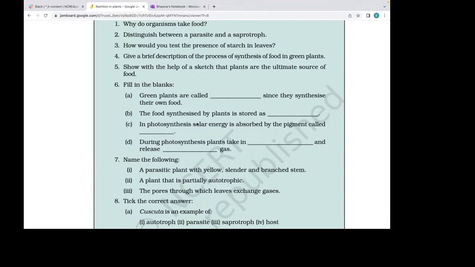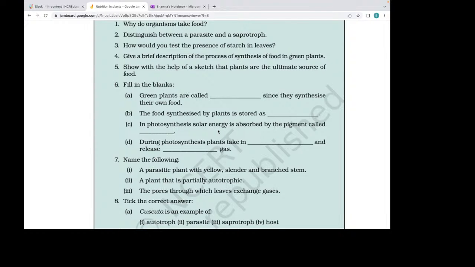B, the food synthesized by plants is stored as... In what form is the food stored? We studied this in our chapter. It is stored in the form of glucose, or we can say carbohydrates or starch.